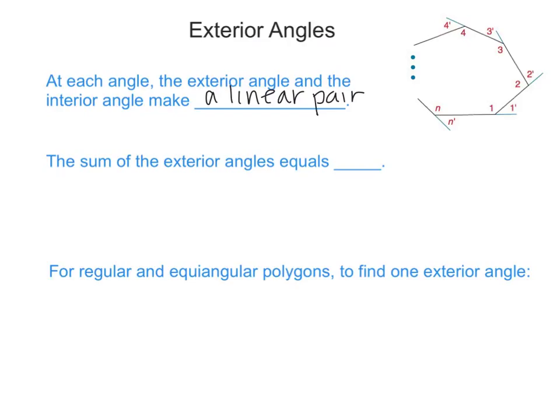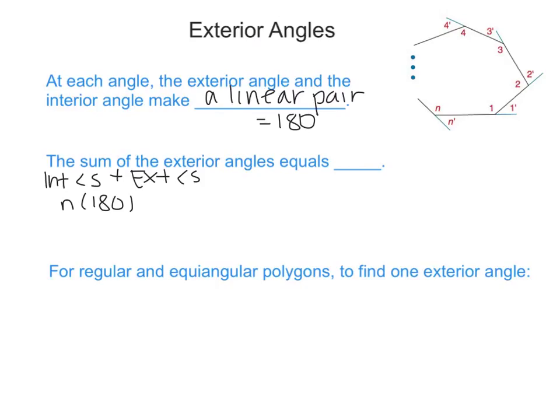Okay, now I know that I can have the interior angles plus the exterior angles. And that's going to give me the number of angles that I have times 180, right? Because a linear pair equals 180. And if I have an n-gon, right? So if I have n sides, I can look, okay, 1, 2, 3, 4, n. I have n pairs of 180.